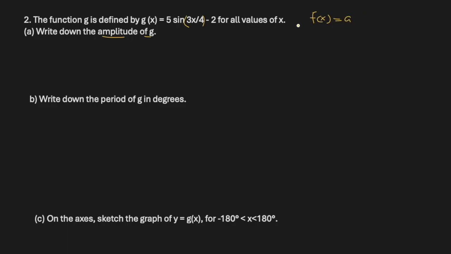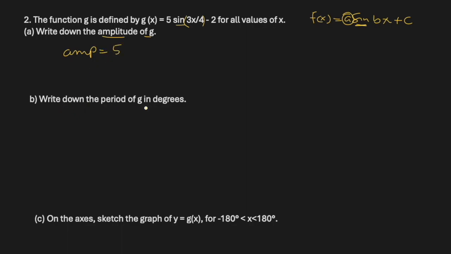A, in this case let's write sine bx plus c, where a becomes the amplitude. Whatever is the coefficient of sine or cos becomes the amplitude. What is the coefficient of sine in this case? 5. So write down the amplitude of g. Amplitude is equal to 5.